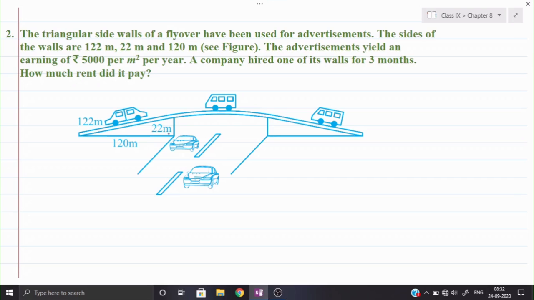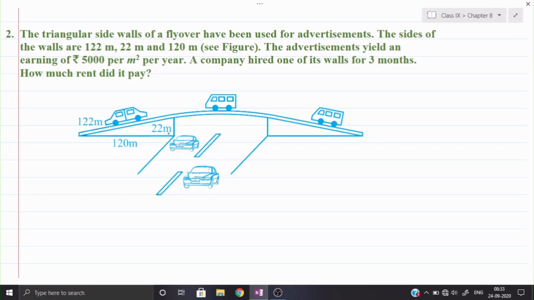Suppose somebody is not taking the full hoarding, so the seller who is giving you the space on the hoarding tells you, for 1 meter square you have to pay rupees 5000. If you occupy 1 meter square space on the hoarding, you have to pay 5000 rupees per year. Depending upon your requirement, how much space you want, accordingly you can take it.